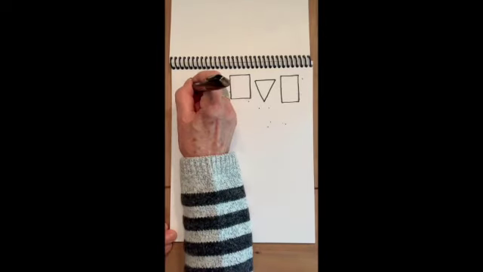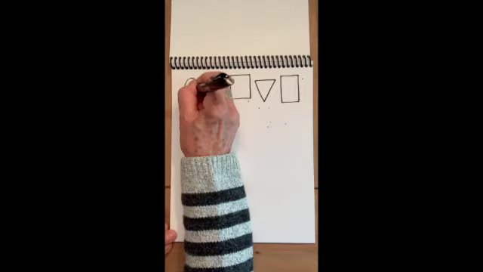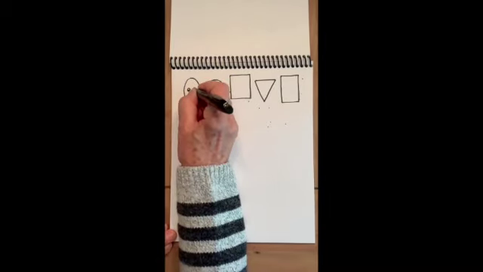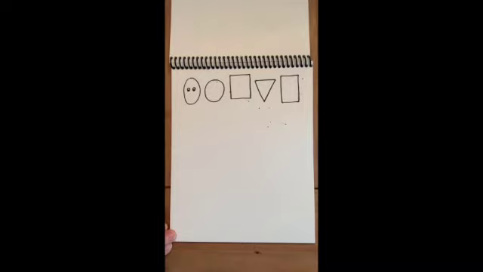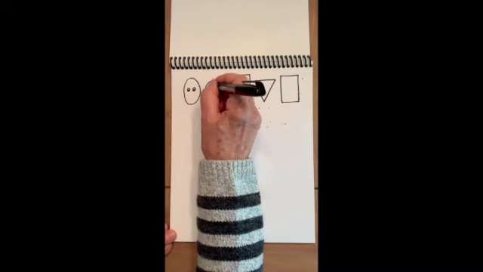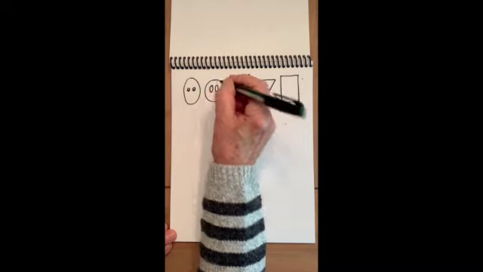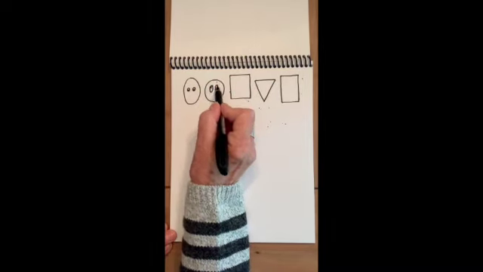So there's so many ideas for eyes. Maybe you're just going to make 2 little circles for eyes. And then maybe you want to add pupils that are looking down or looking straight ahead. Maybe you want to make some long oval eyes and some pupils that are looking up.